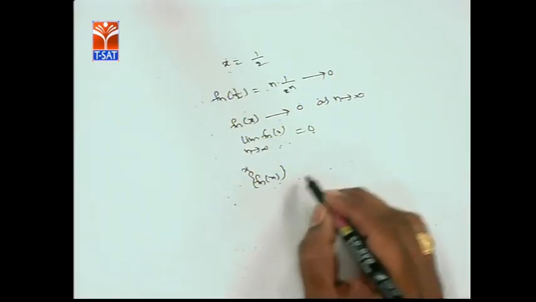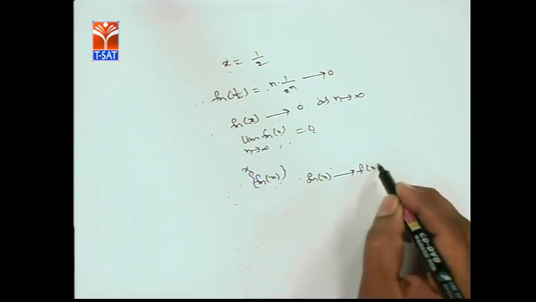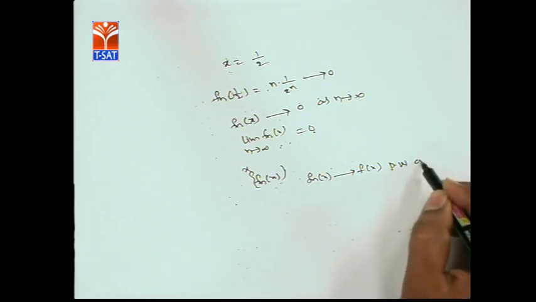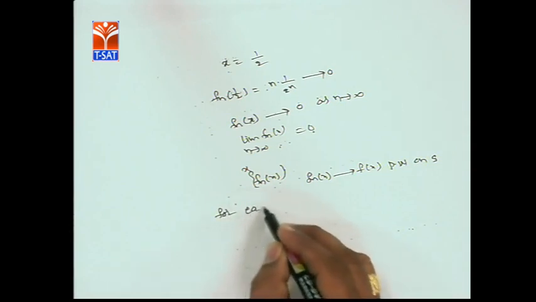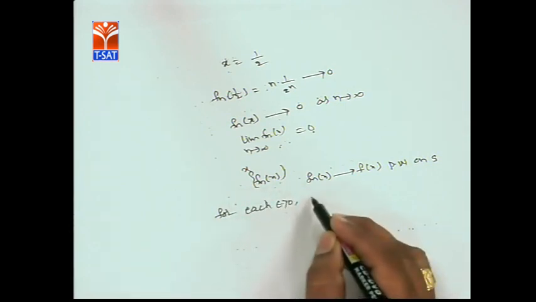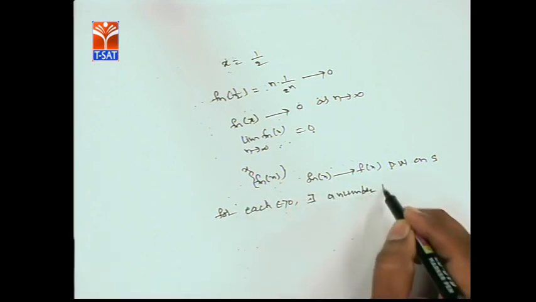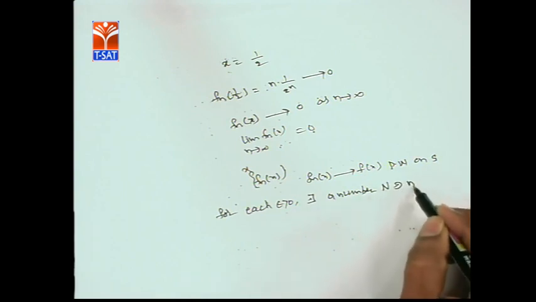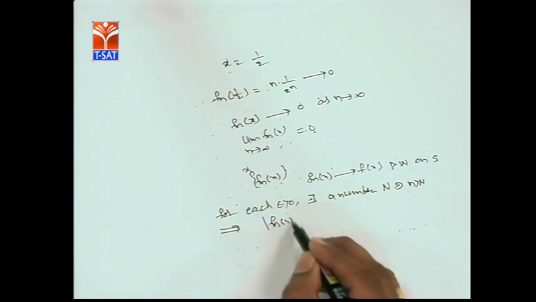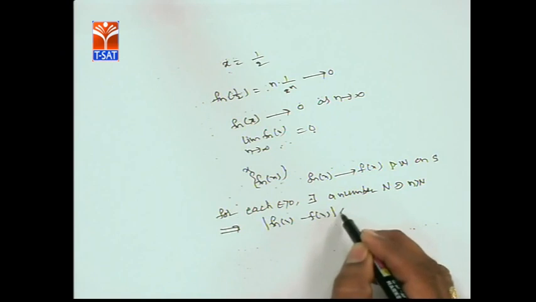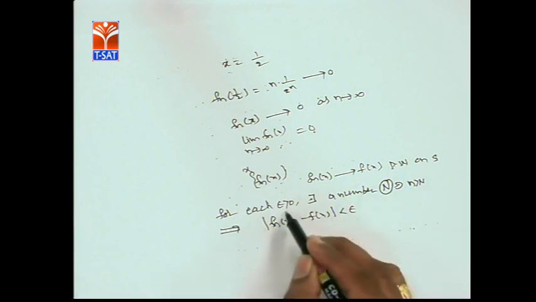Pointwise convergence means fn of x converges to f of x pointwise on the domain S. That means for each epsilon greater than 0, there exists a number N such that for n greater than N, mod fn of x minus f of x is less than epsilon. In this case, N depends on epsilon.